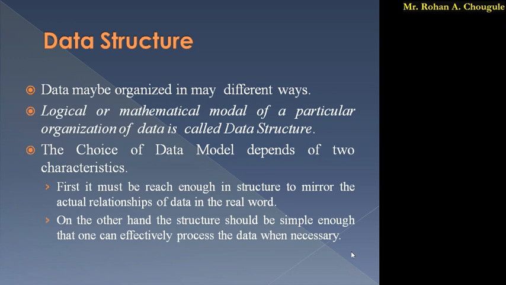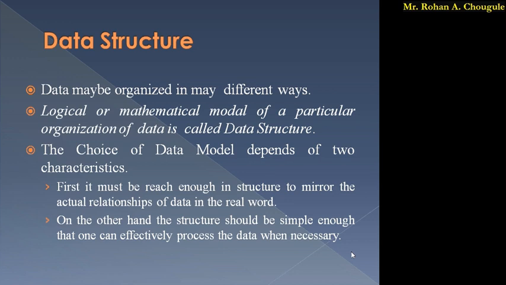We have different types of data structures, but which data structure do we have to choose? The choice of data model or data structure depends on two characteristics. First, it must be rich enough in structure to mirror the actual relationships of the data in real life.